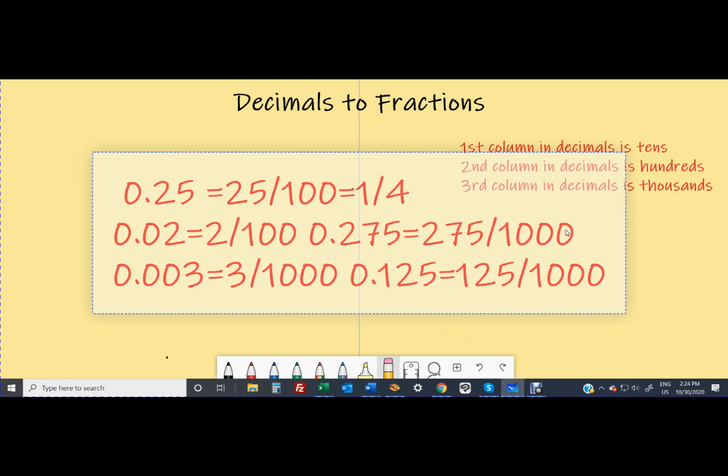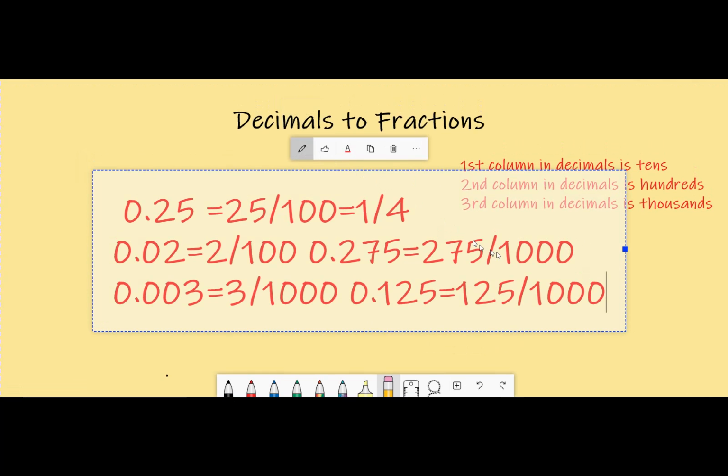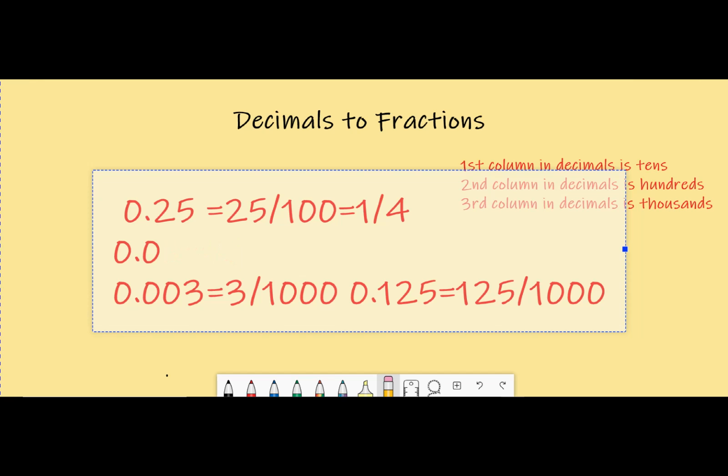Let's look at the second one. The second one is easier. Well, it looks it, but it isn't. So we're going to do 0.275. 0.275 equals 275 divided by 1,000.